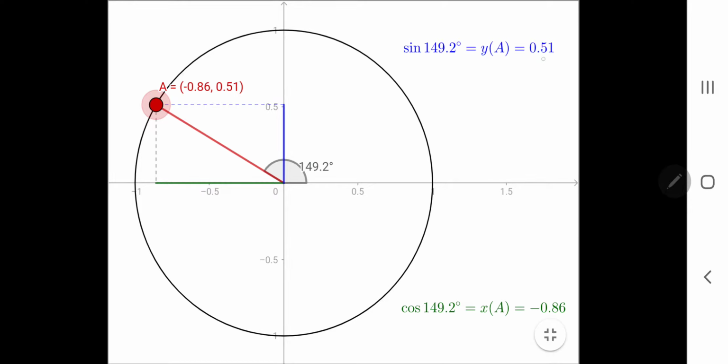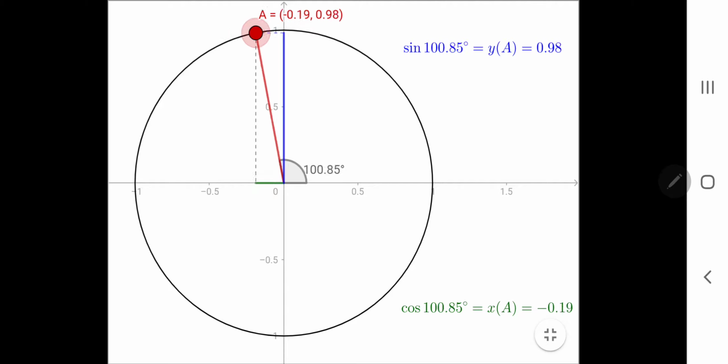The sine is 0.51. That's the y height of the dot. And cosine is now actually a negative number, because from the origin the green line goes backwards 0.86. So now we have outputs for thetas bigger than 90.